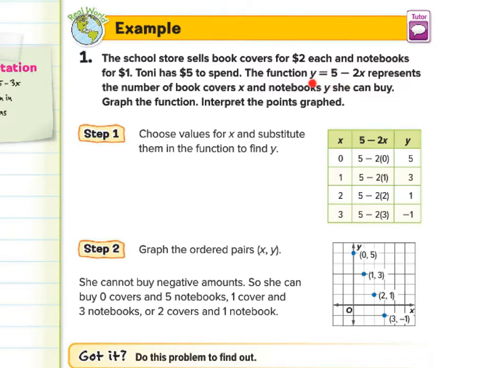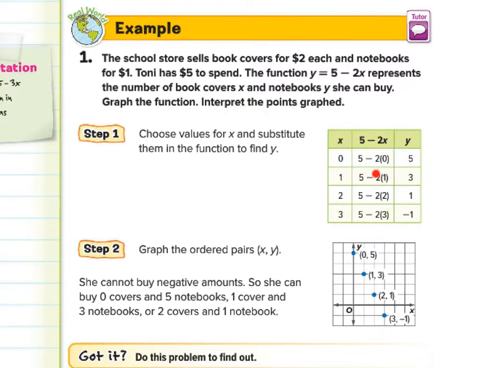Now notice here, each cover costs $2, and the x is going to be the number of covers purchased. We have to subtract that from the $5 she has so that we know how many she can buy. So the number of books, interpret the points on the graph.